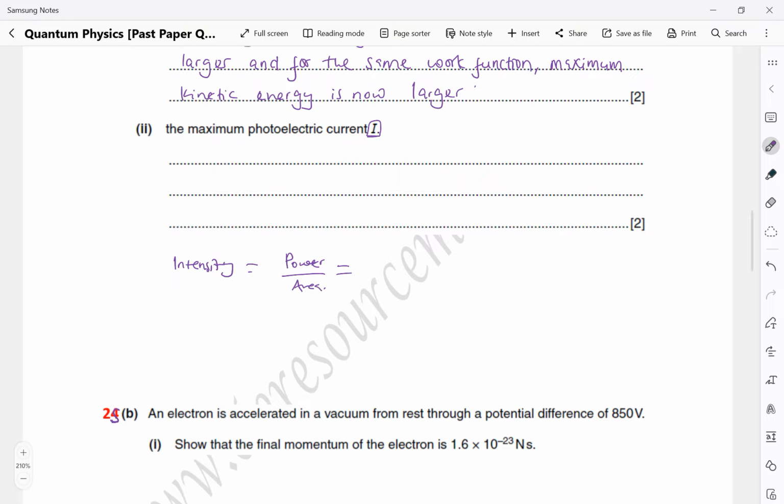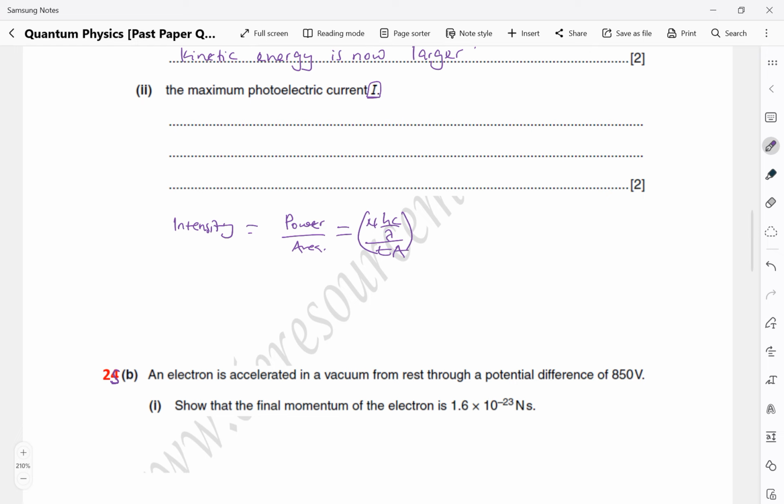And power is equal to energy over time, but total energy of electromagnetic radiation is equal to the number of photons times the energy of each photon, which is hc over lambda, then divide by time. This alone is power. Then we divide by area to find the intensity. So this is the same as N over t times hc over lambda times A. That is our intensity. But remember, the intensity is constant.